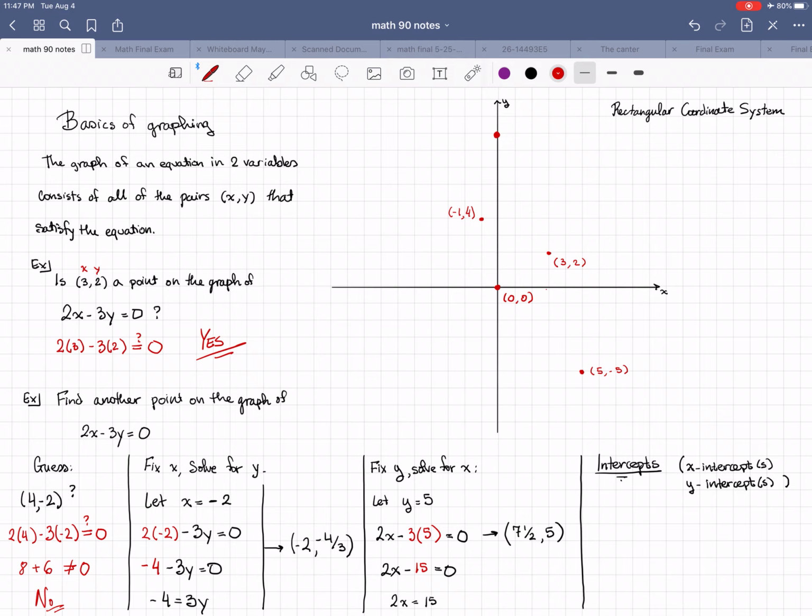You are going straight up from the origin. So the origin has coordinates 0, 0, and we didn't move side to side from that. Moving side to side would have impacted the x-coordinate, and since we did not do that, the x-coordinate stays 0.